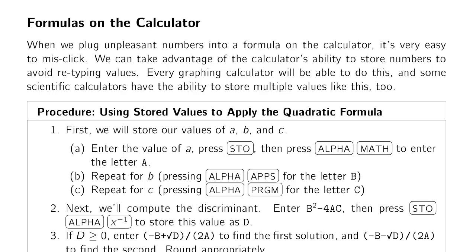Then it's best to stop off at computing the discriminant, partially because that's going to save you some entry error in the quadratic formula, partially because before you plug into the quadratic formula, you want to look at the discriminant and see if it's positive, 0, or negative, so you know how many solutions to expect. And then finally, we're going to punch in negative b plus the square root of the discriminant divided by 2a, negative b minus the square root of the discriminant divided by 2a to find the two solutions.